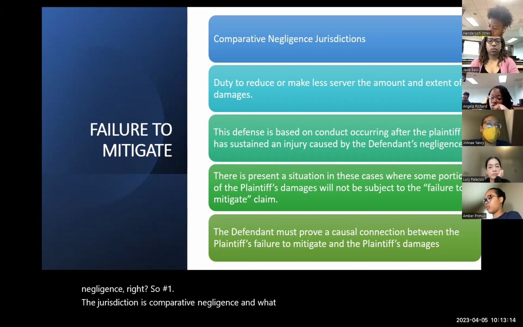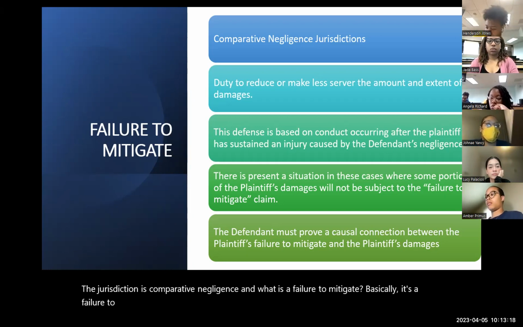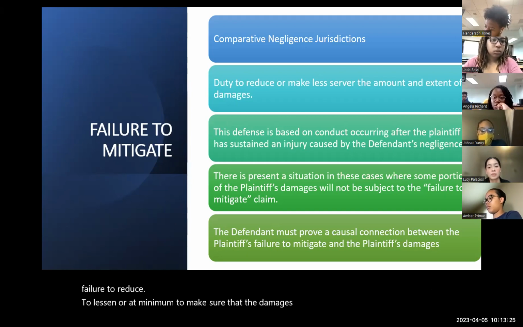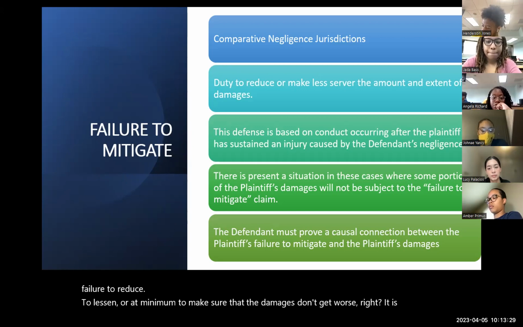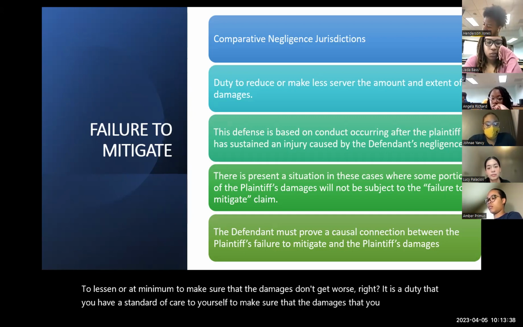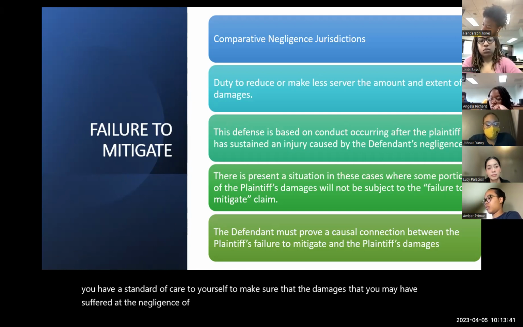And what is a failure to mitigate? Basically, it's a failure to reduce, to lessen, or at minimum, to make sure that the damages don't get worse. It is a duty that you have, a standard of care to yourself, to make sure that the damages that you may have suffered at the negligence of a defendant don't get worse. What does that necessarily mean?